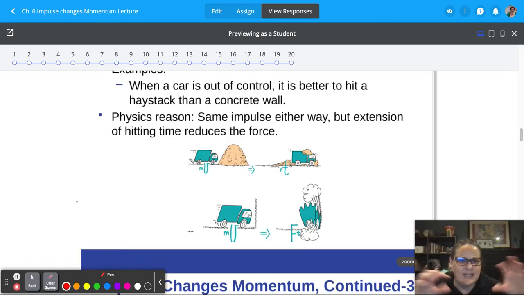It's only milliseconds, less than a second, I believe, but that's enough time to reduce the impact force to potentially have less damage done to your face. So that's the physics behind why we have airbags and padded dashboards and so on.